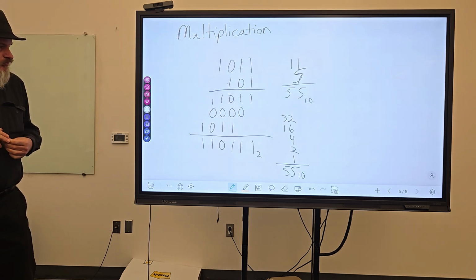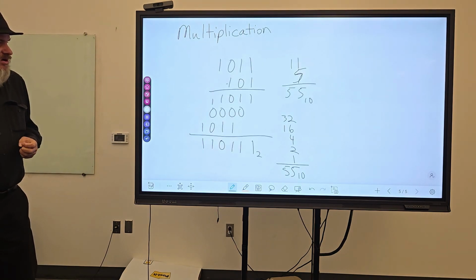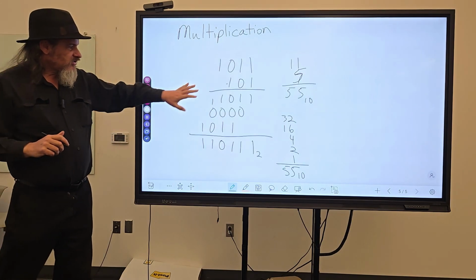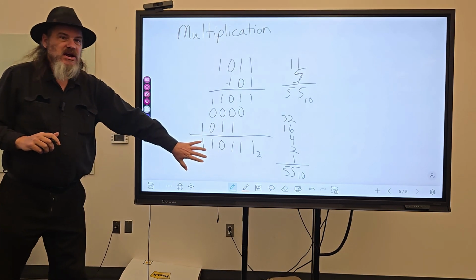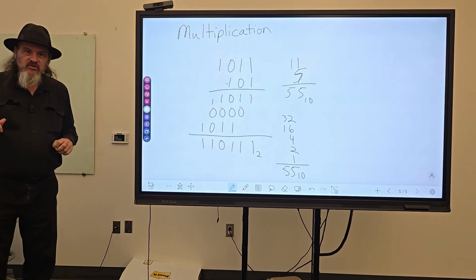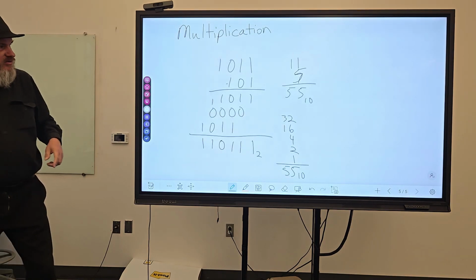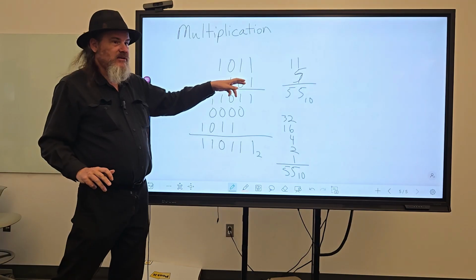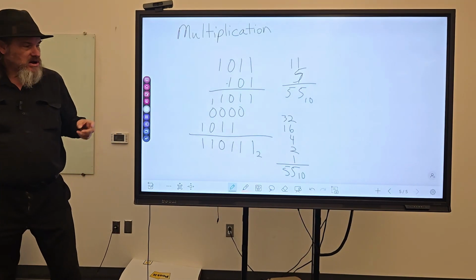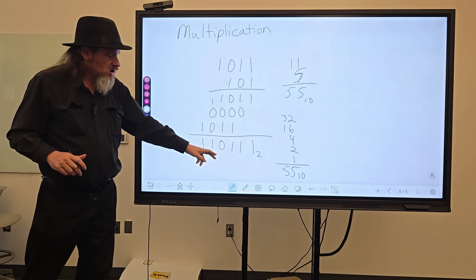So when we get into hardware multipliers, we will discuss how you can do this in circuitry. So the computer can, rather than doing a loop 5 times adding 11, which would work, just do this all in circuitry.